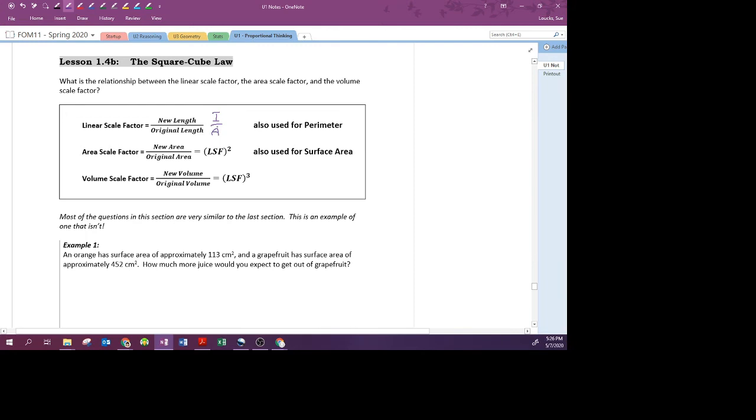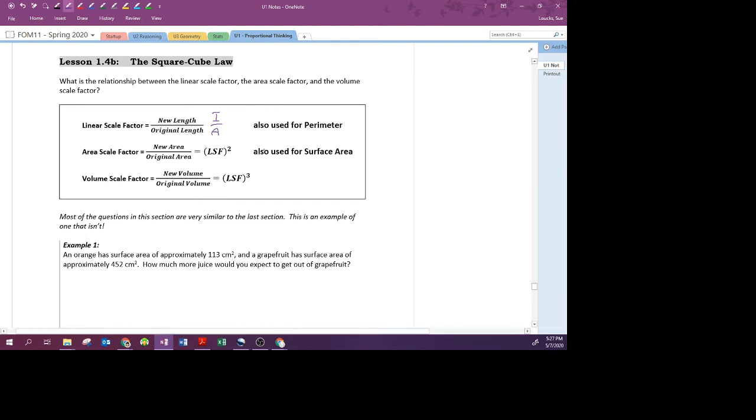And that is also used for perimeter because perimeter is a linear measurement. The area scale factor is the new area divided by the original area, image over actual again, and that equals the linear scale factor squared. That's also used for surface area. And the volume scale factor is the linear scale factor cubed, and you can calculate it by taking the new volume and dividing it by the original volume. All right.